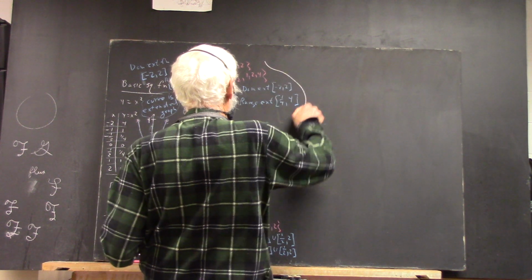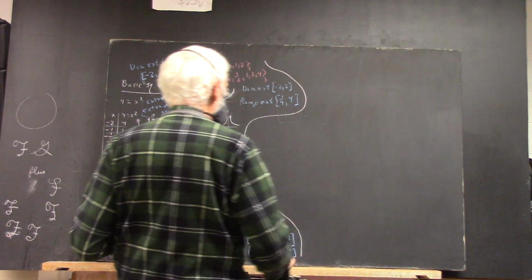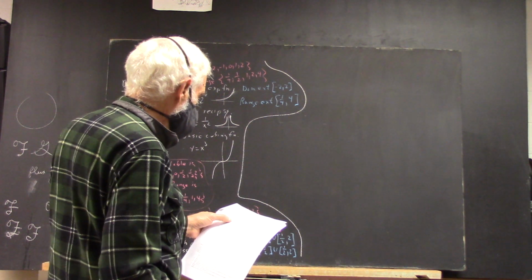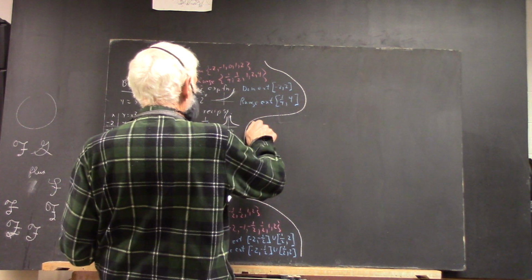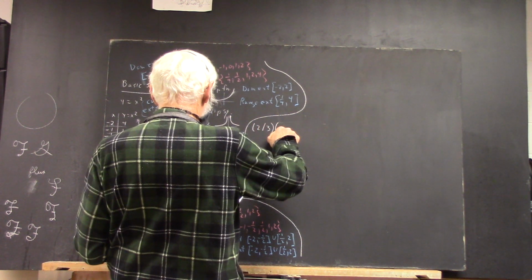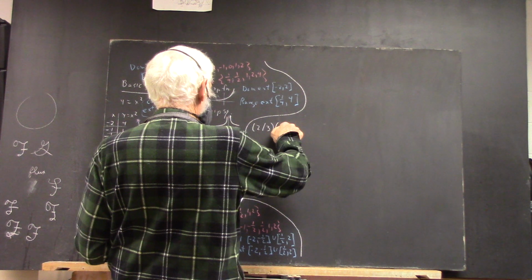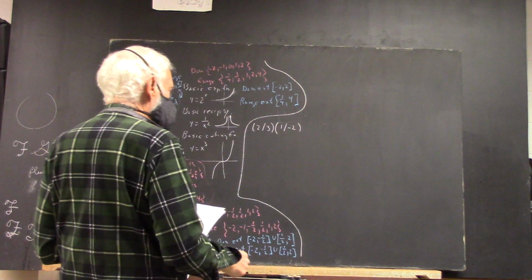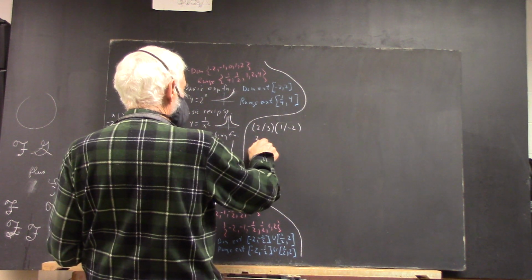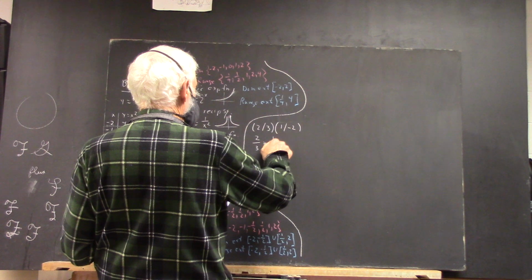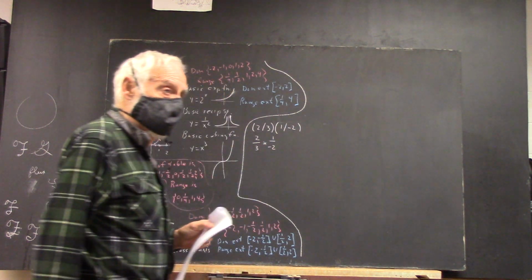So, let's just erase all this off so I can use as much of the board as possible. You have the fraction that's written 2 over 3 times 1 over negative 2. Okay, well, that means, of course, 2/3 times 1 over negative 2, right?